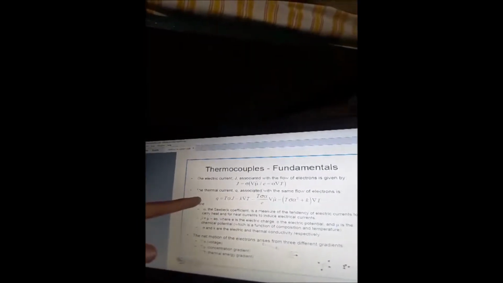So there's electric current, there's thermal current, and these are the equations that are commonly used for thermocouples. This equation, that equation, and these are the equivalent meanings of every symbol. Basically, that's all about the fundamentals of thermocouples.